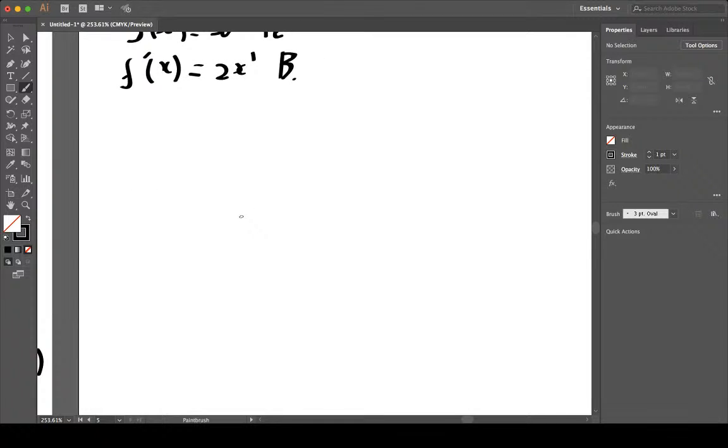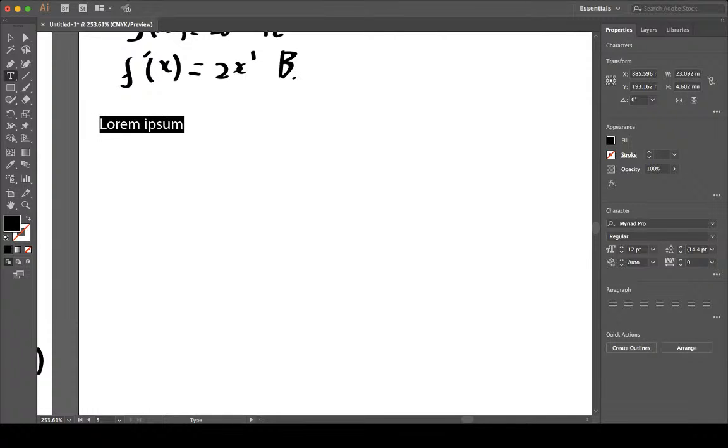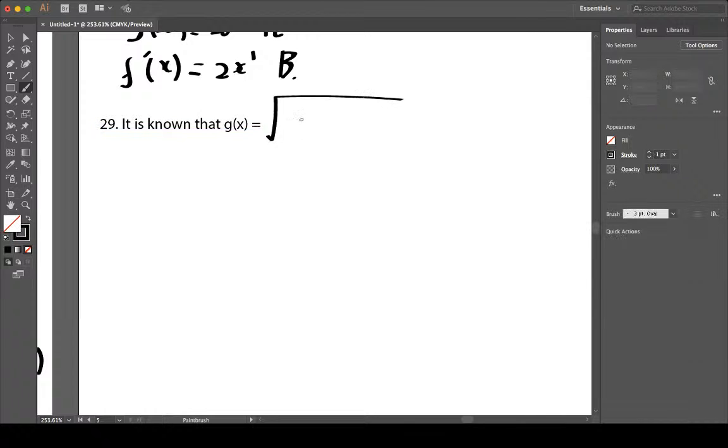So next one, okay, g of x. Let's go ahead and do that. Number 29, the final question. It is known that g of x equals, let's write this down, the big square root of x plus 2 to the square root of x.